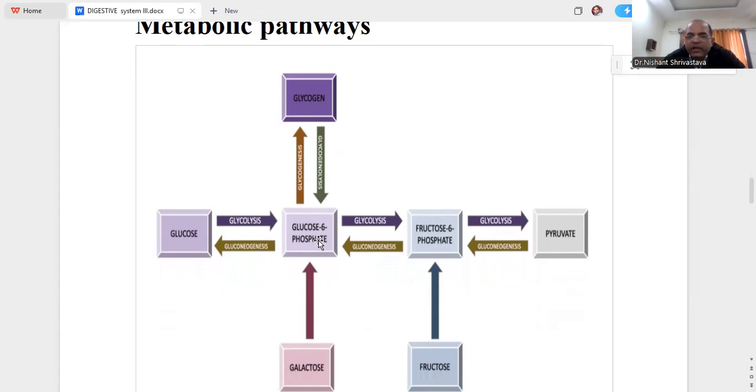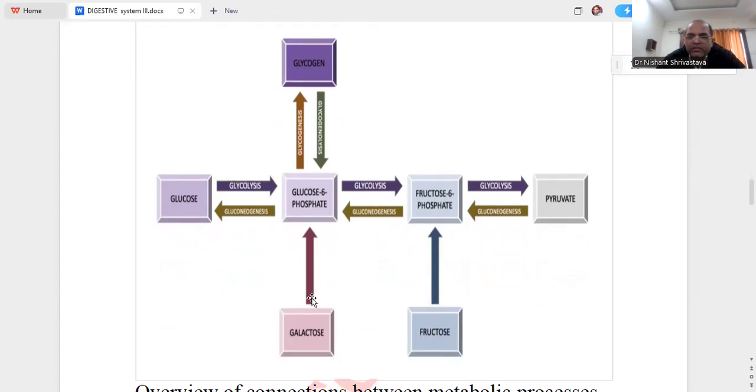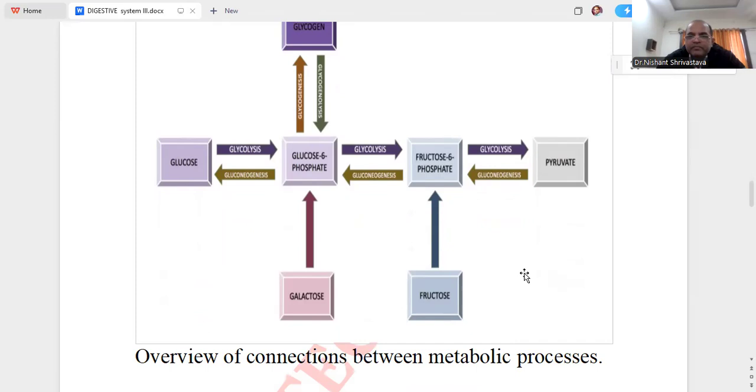So glucose 6-phosphate by glycolysis converts into fructose 6-phosphate, then the pyruvate. Same as it is, galactose and fructose are converted into pyruvate and produce energy. And the same pyruvate, by the gluconeogenesis process, converts into fructose 6-phosphate, then glucose 6-phosphate, and converts into glucose in the form of glucose.